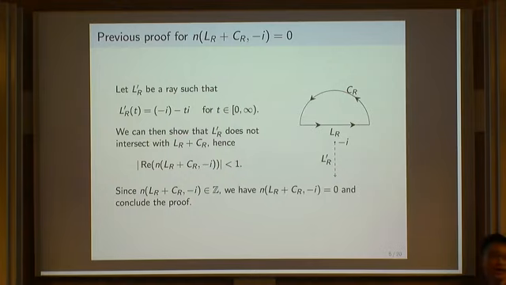And by a lemma in Isabelle, we have that the real part of this winding number is less than 1. And because LR plus CR is a loop, this winding number is an integer. So we can then conclude that this winding number is 0 as we planned.